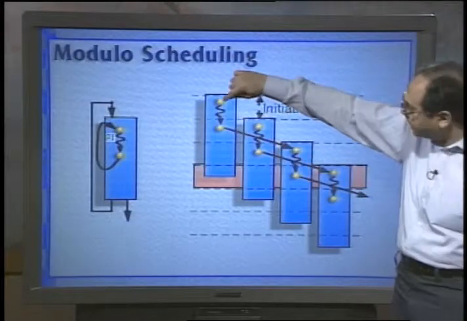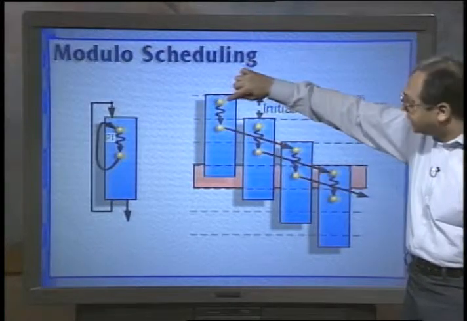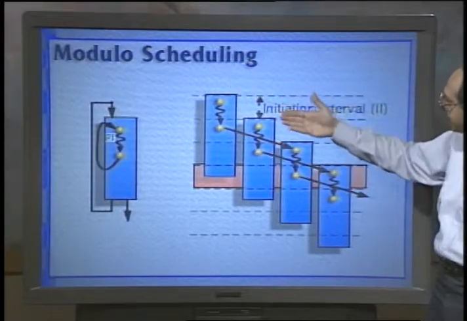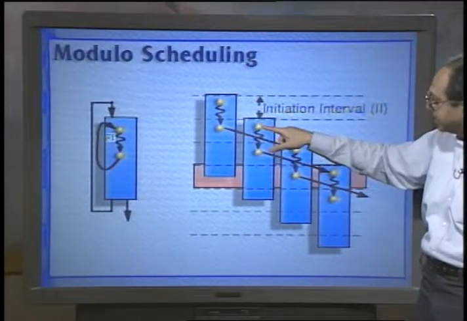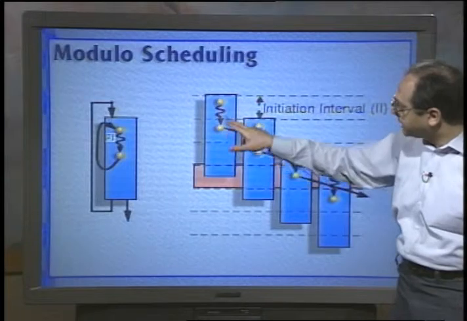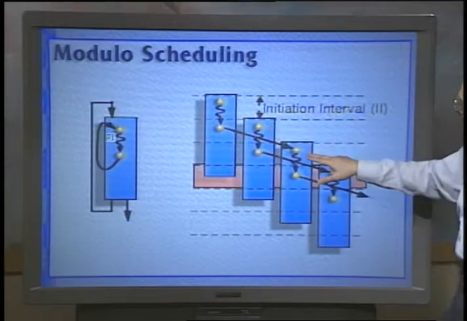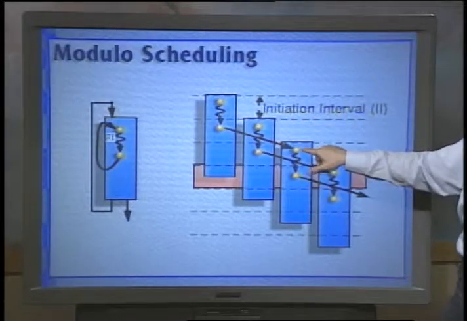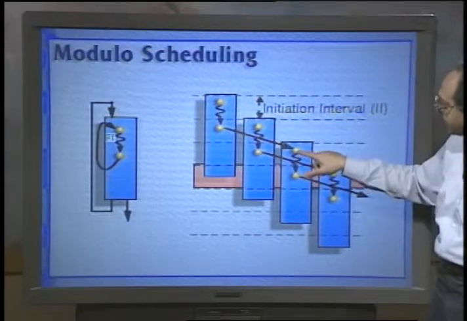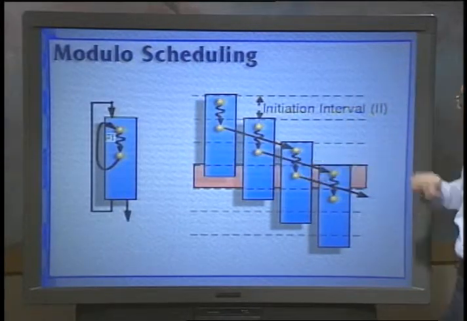In particular, if we have an operation here that is scheduled at a particular time, then exactly one initiation interval later, the same operation from the next iteration will be scheduled. So we cannot schedule anything else in this iteration that conflicts with that. Likewise, one initiation interval later, we have the corresponding operation from the third iteration. We cannot schedule anything here that conflicts with that.